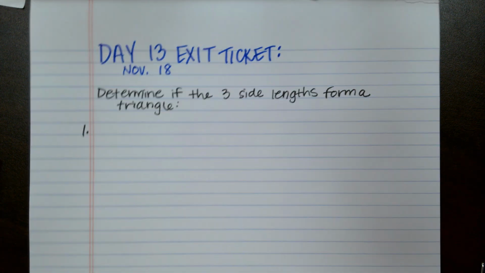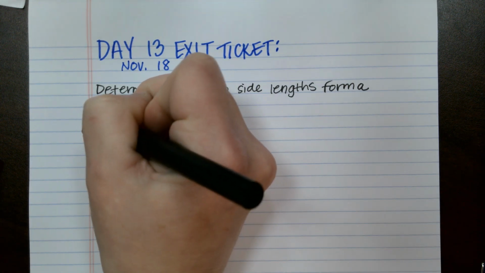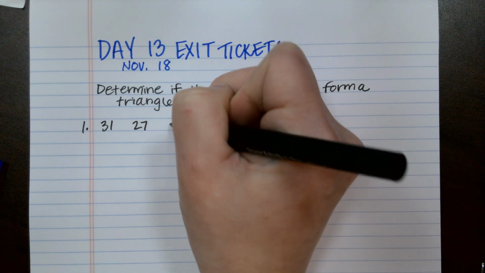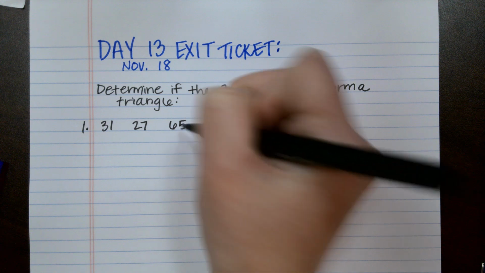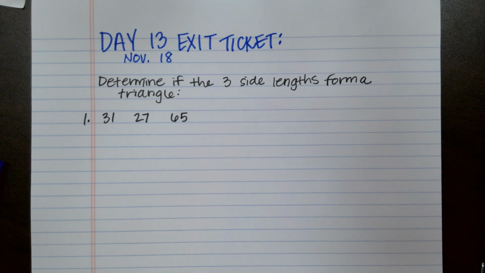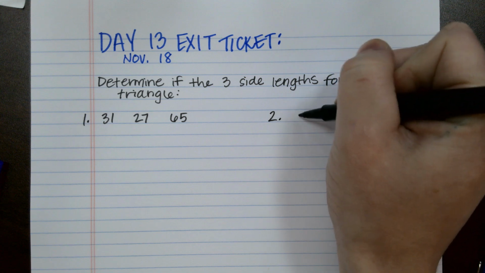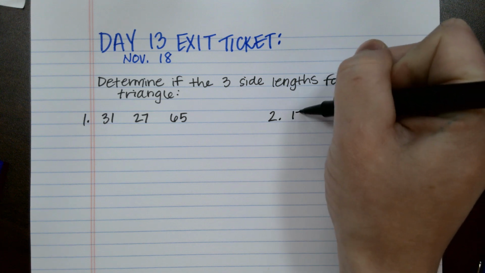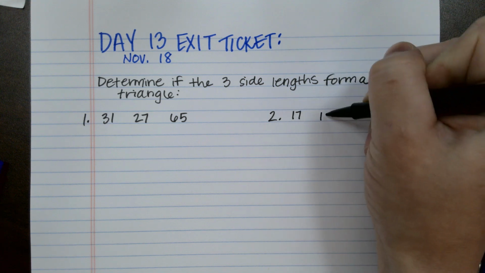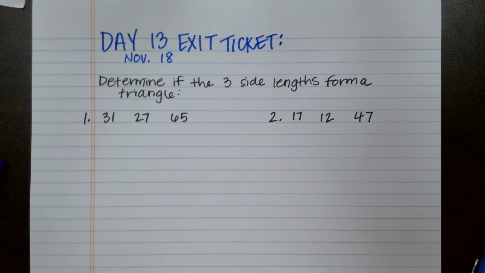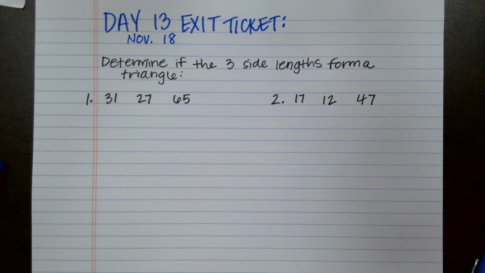First one will be 31, 27, and 65. And then the second one will be 17, 12, and 47. There's the first two.